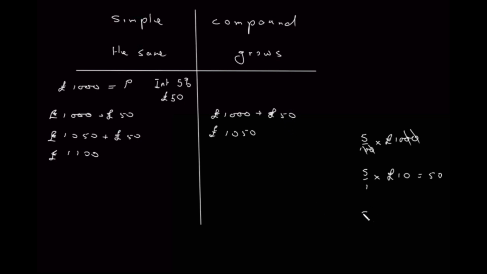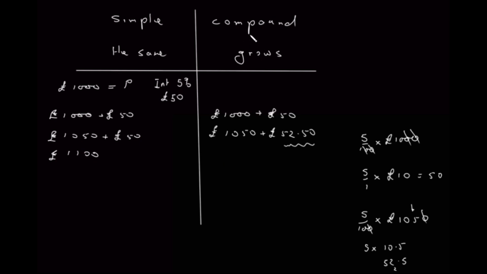So we have 5 over 100 times the new figure here, 1050. Cross off that, gets rid of that. That one means the decimal point goes in there. So we have 5 times 10.5. 5 5s are 25, carry the 2, 5 10s are 50, 52. So this one, add £52.50.